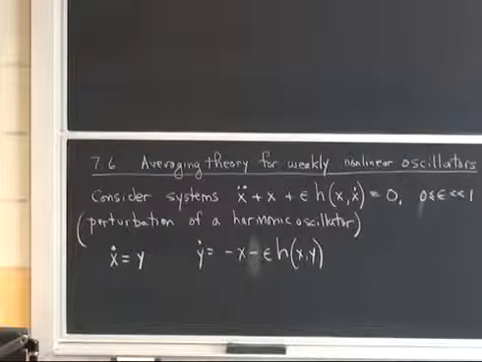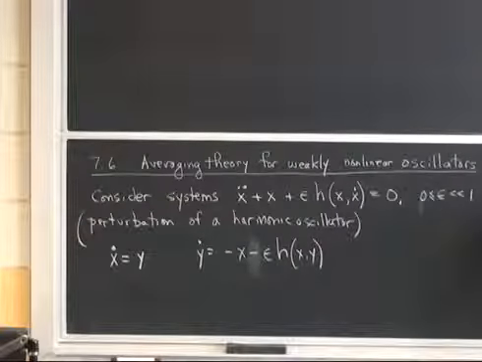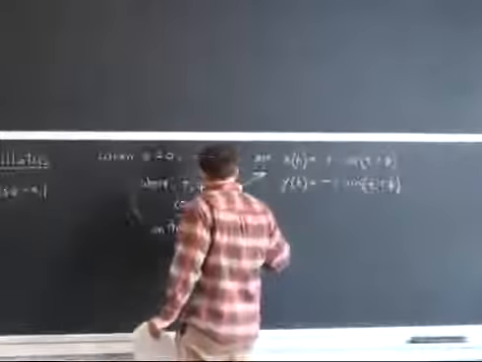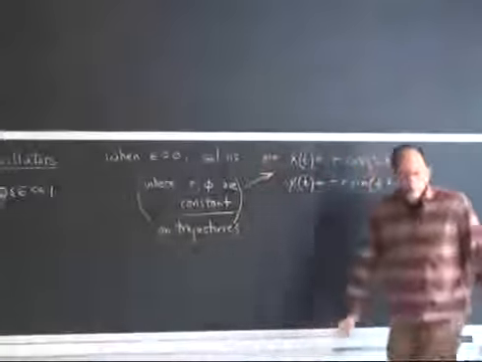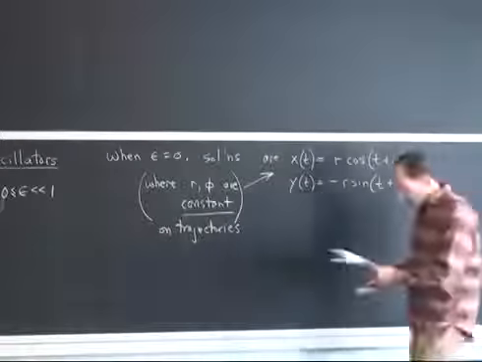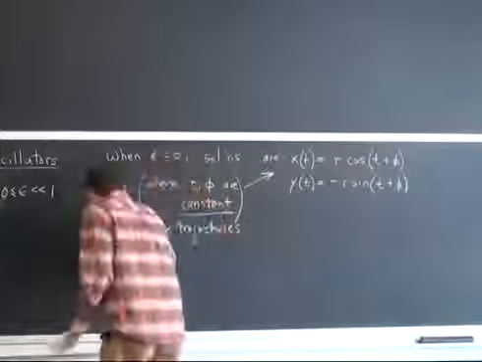So anyway, R and phi are constant on trajectories, meaning as the system evolves on a given trajectory, R and phi will stay constant. Now, of course, we're interested in the case when epsilon is not 0, but small.